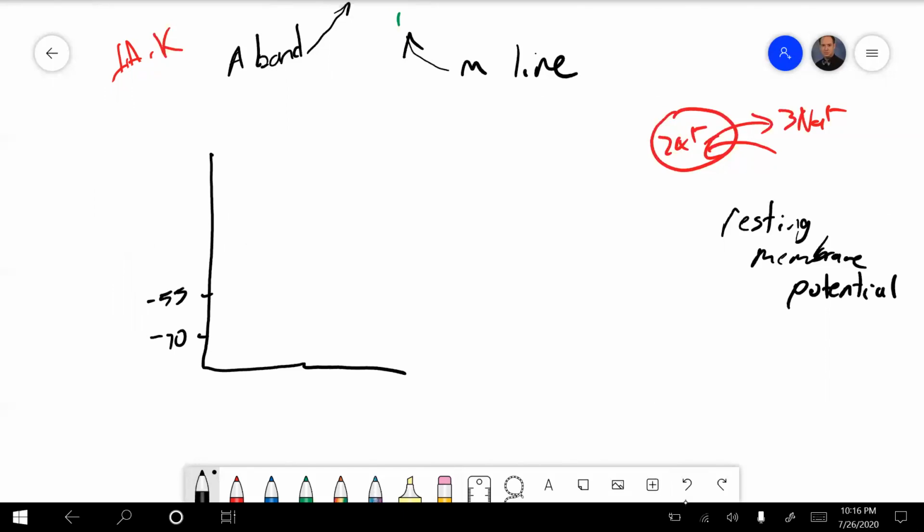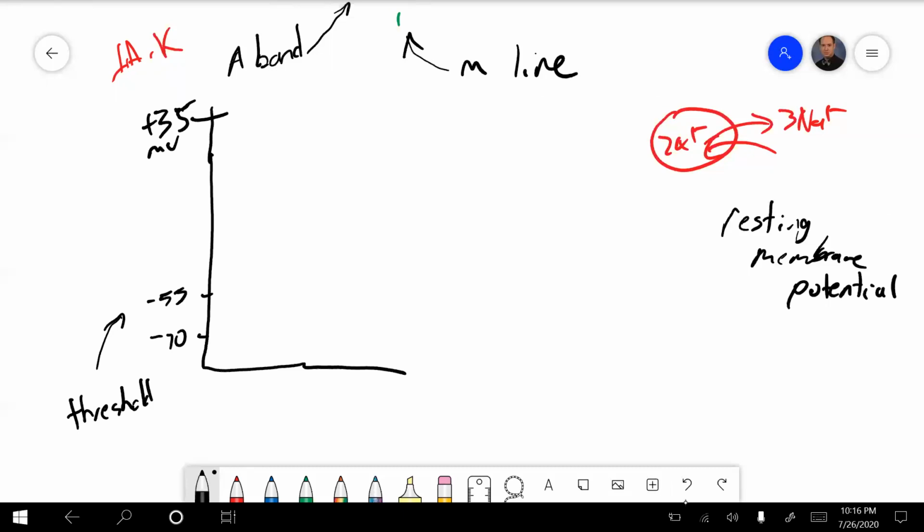So negative 70, our resting membrane potential. Negative 55 is going to be our threshold. Way up here at, let's say, positive 35 millivolts, we have sort of the max here.